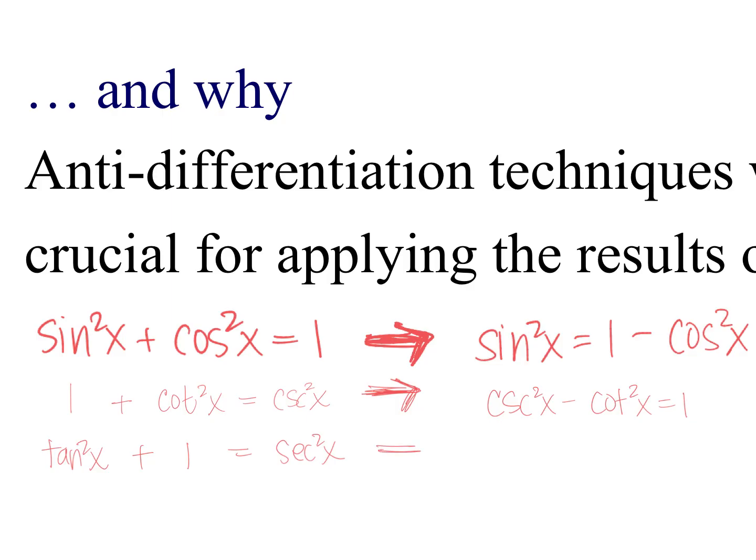Or the corresponding true statement would be that secant squared x minus tan squared x is equal to 1. Those might come in handy. Being fluent in those different trig identities could be helpful, not to mention the plain old ones, like what's tangent equal to? Sine over cosine, and cosecant is 1 over sine. Knowing those would be helpful.